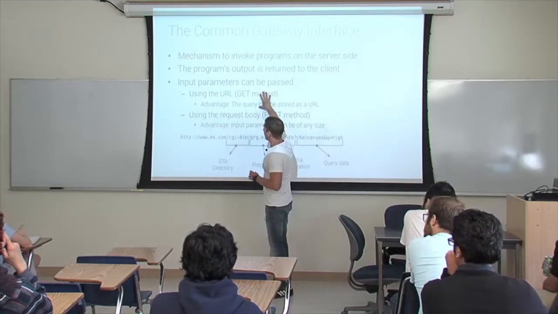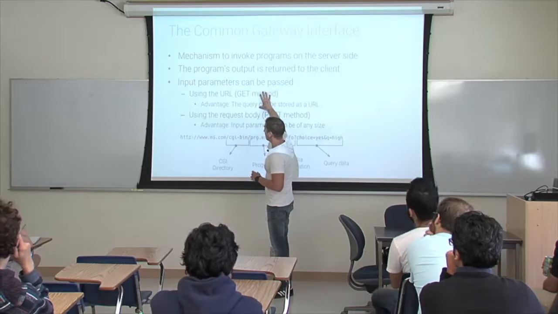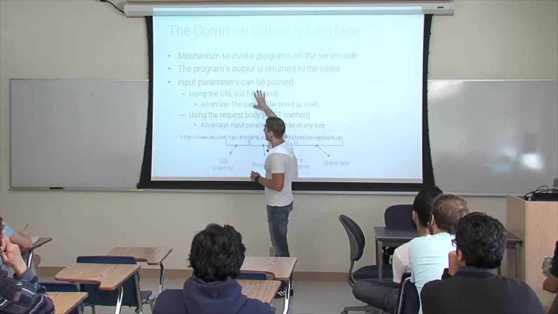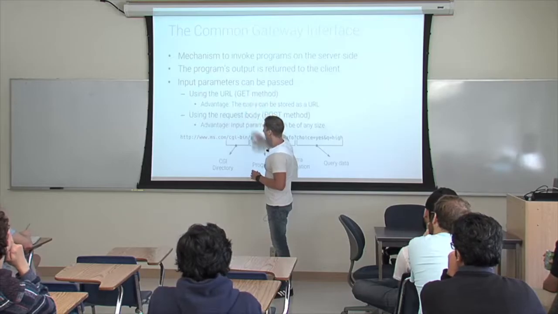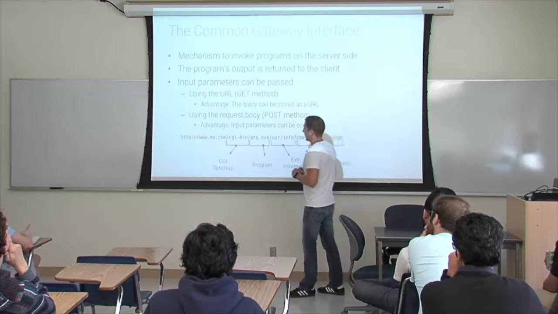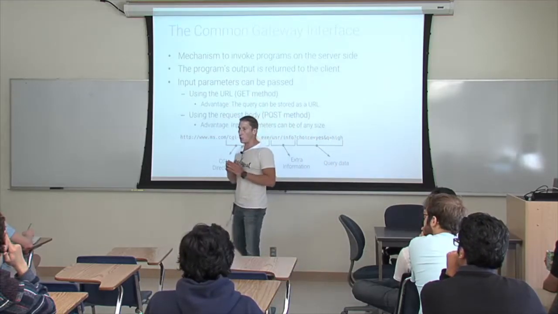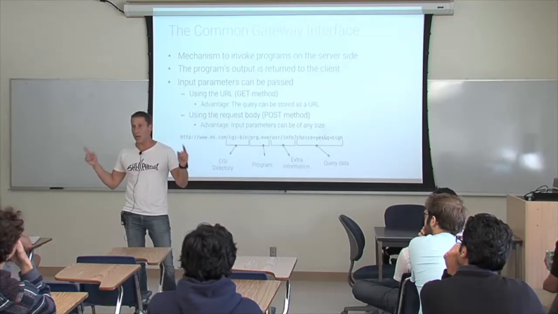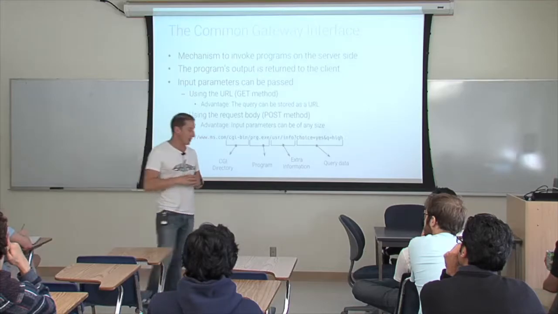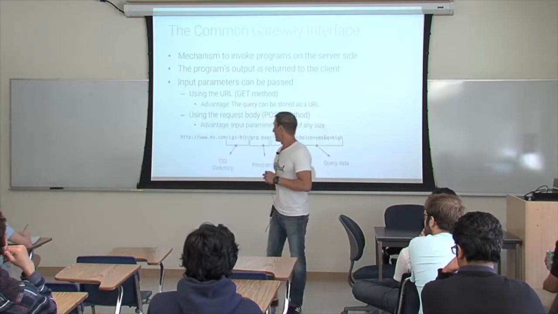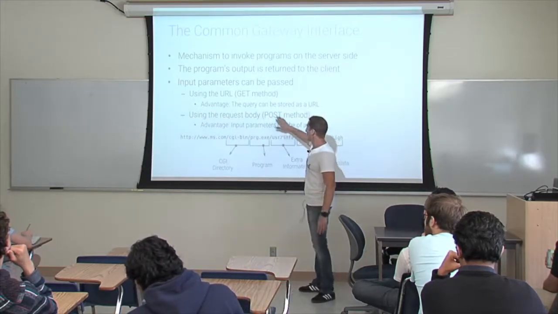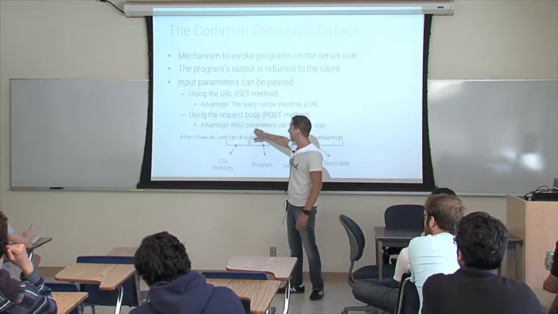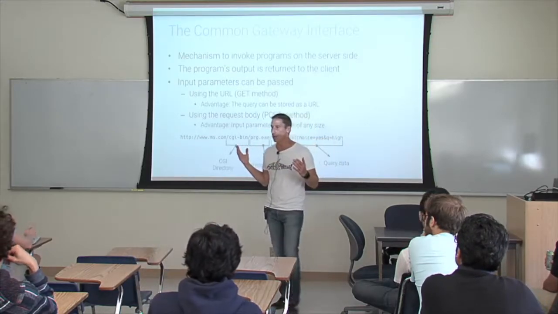You can use the CGI interface in two ways: using a URL with the GET method, and the advantage of this is that you have a static URL that you can store as a link. Or you can use the POST method, with the advantage that the input parameters can be as big as you want.